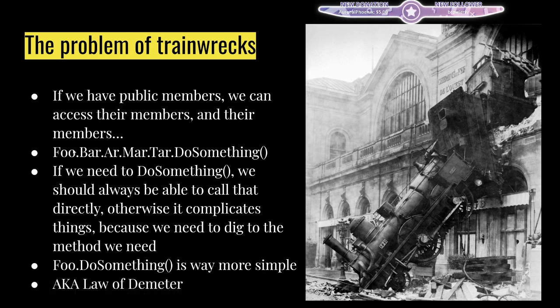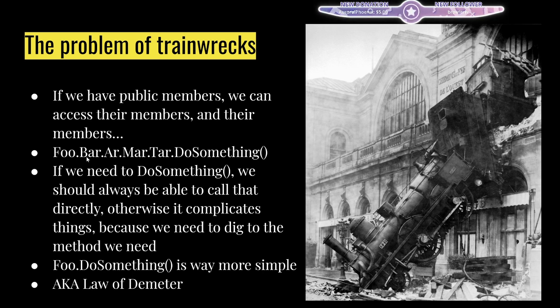If an instance of foo would expose member bar, and if member bar exposed member R, if member R exposed member mar, and if member mar exposed member tar, and that is where the functionality we want lies, it would mean that we actually need to chain a lot of members to get to the functionality that we want.